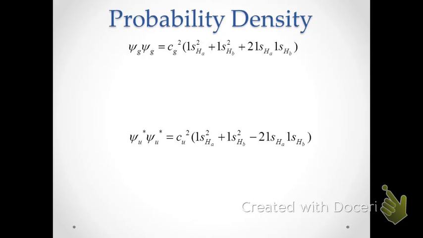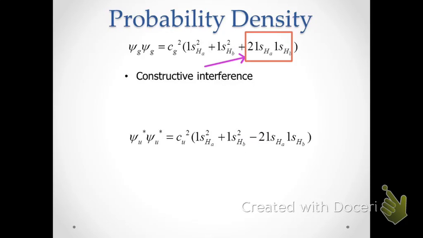We do the same thing for the ungerade orbital, and we get a similar result, but in this case we have a negative term as opposed to the positive term in the psi g probability density.